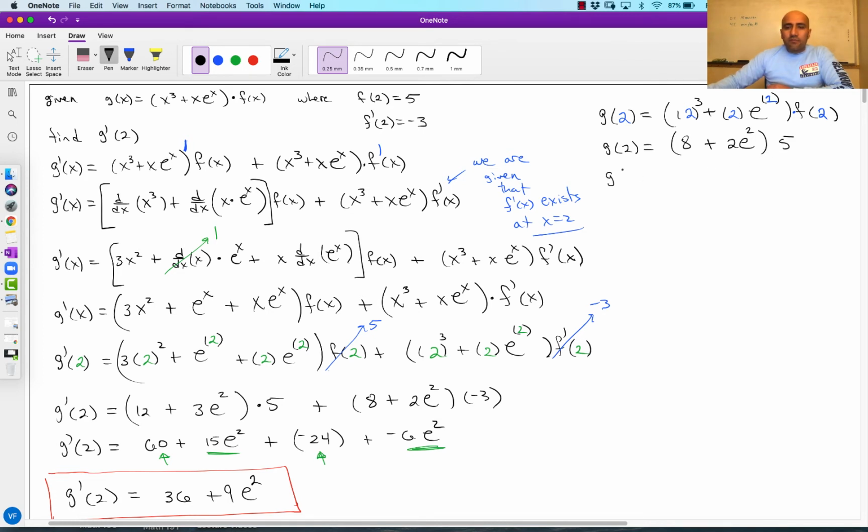So then we can simplify again and say that g of 2 equals 40 plus 10e squared. Okay, so we have a value of g of 2, and we have g prime of 2. Let's use a calculator to get decimal approximations to these values.